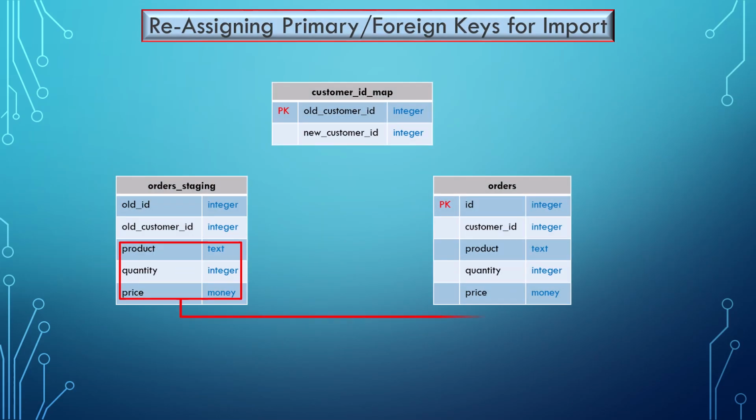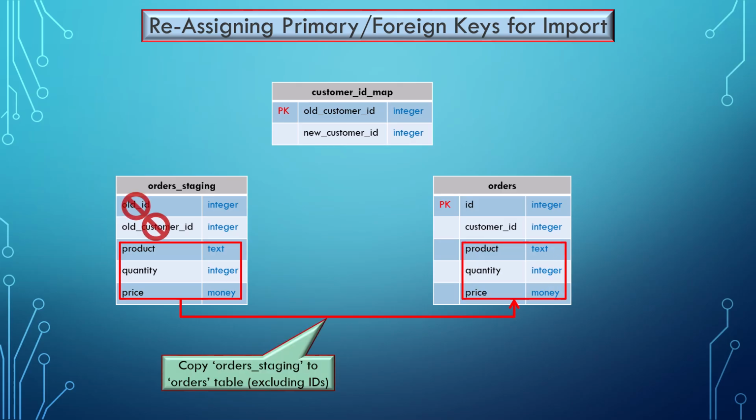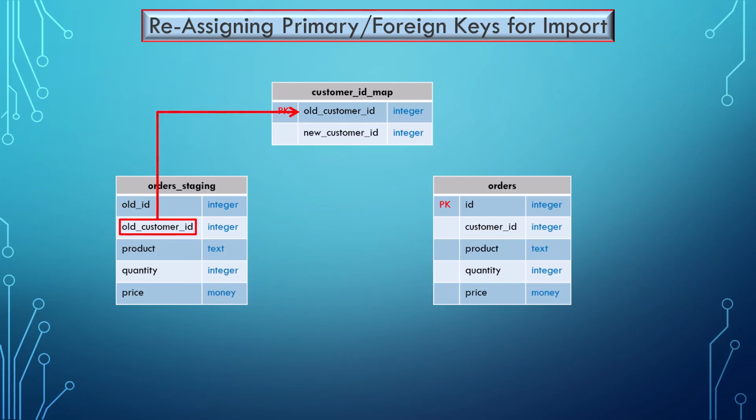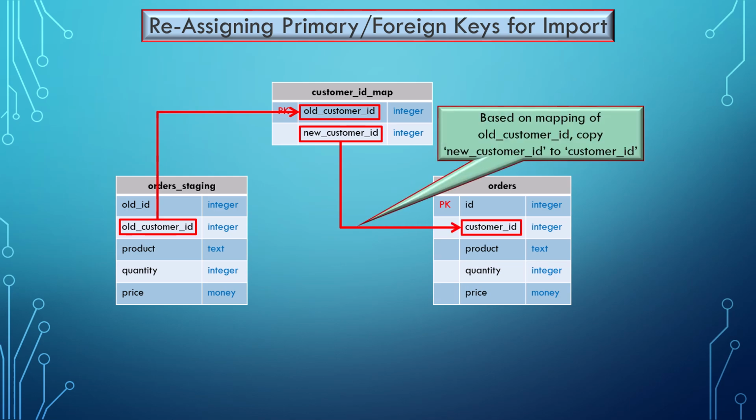Next, we will copy the contents of the orders staging table to the orders table, excluding the IDs. Then, based on the mapping of the old customer ID, we will copy the new customer ID to the customer ID of the orders table.